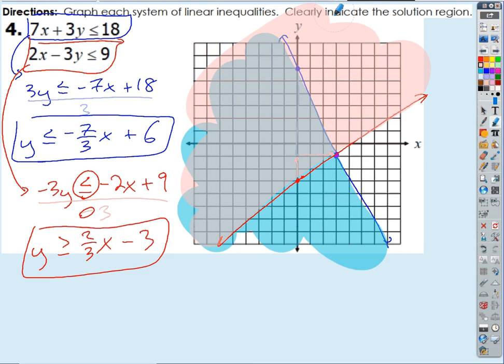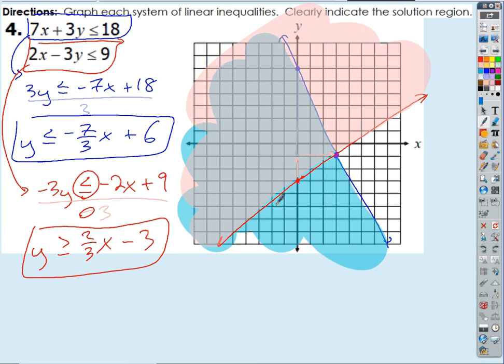Okay, so what's my solution this time? What are you pointing at there, John? Ah, okay, the region of overlapping shading, right? I think what it means to be a solution of a system, you have to satisfy all the parts of the system. So in this case, the solutions of this would be the solutions of both of those linear inequalities at the same time. So that's the double shaded region, isn't it? Right, so if I wanted to section off that part, the borderlines would be included, wouldn't they?